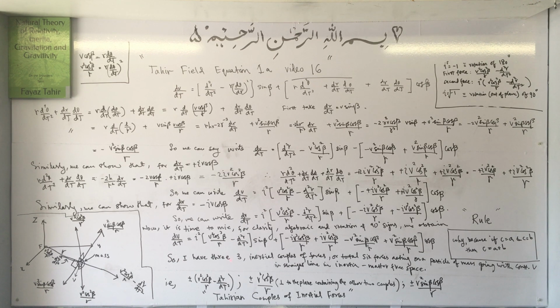So I have 3 inertial couples of forces, or total 6 forces acting on a particle of mass m going with constant velocity in a straight line in inertia in matter-free space, as I discussed in my video number 1, the first video that I made. So we have 3 couples of inertial forces acting on a particle of mass m going in deep space where there is no matter, with constant velocity.